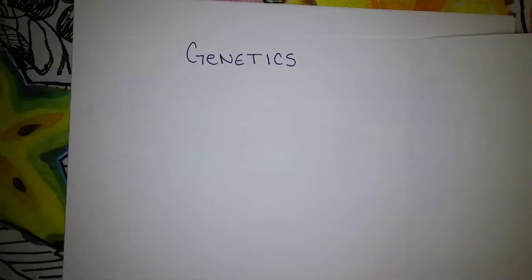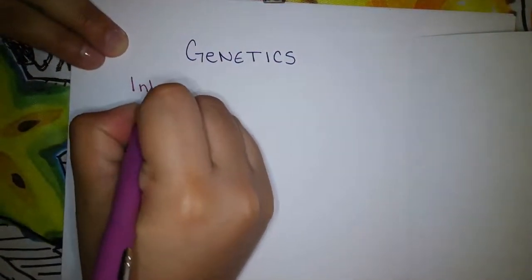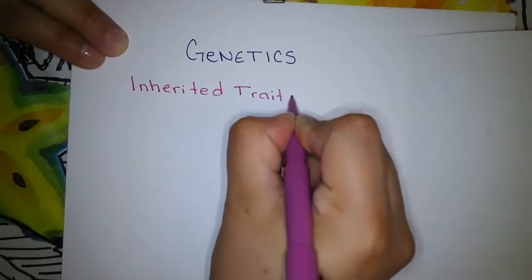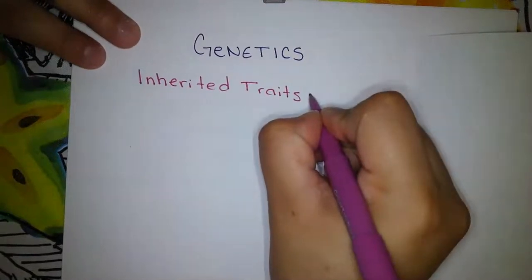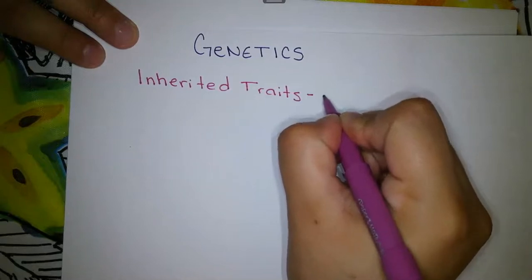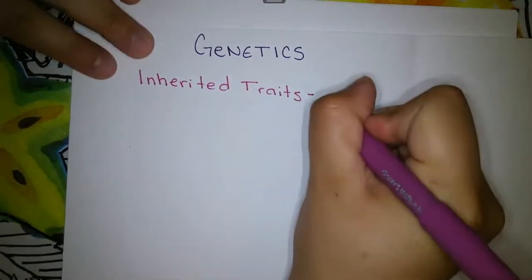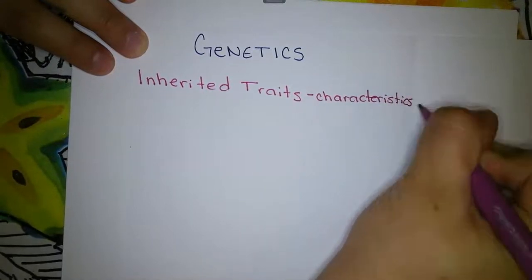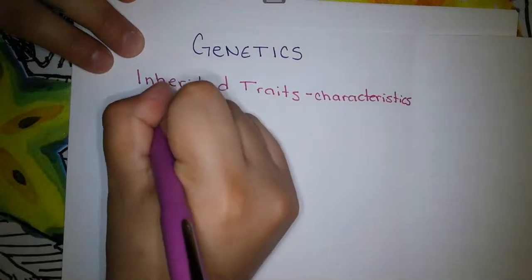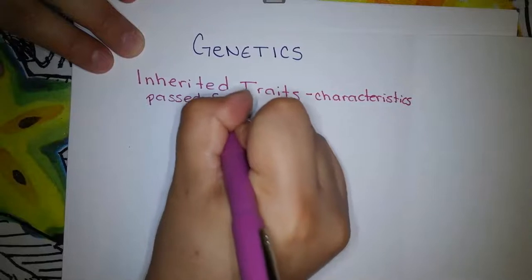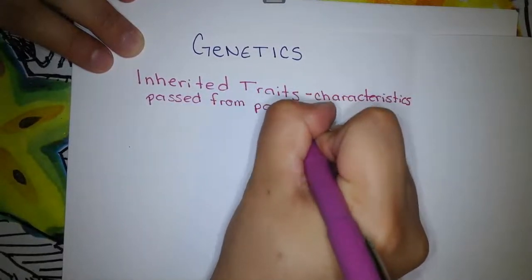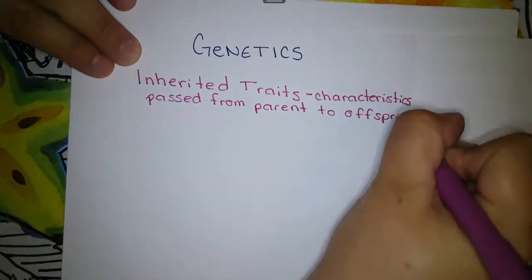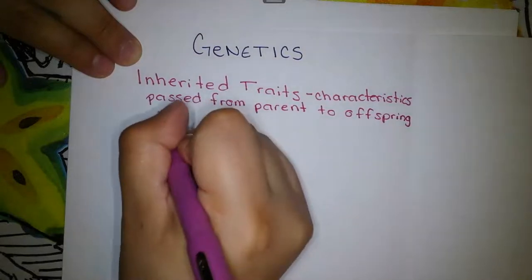The first word is inherited traits. These are characteristics passed from parent to offspring, so the offspring is born with it.